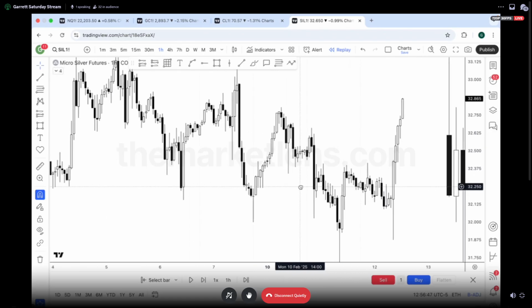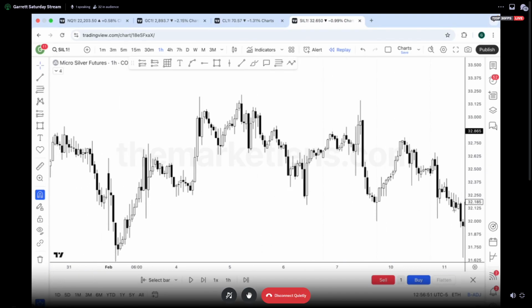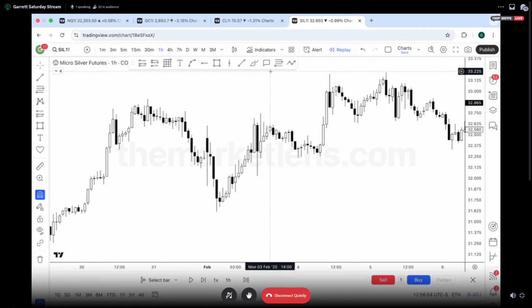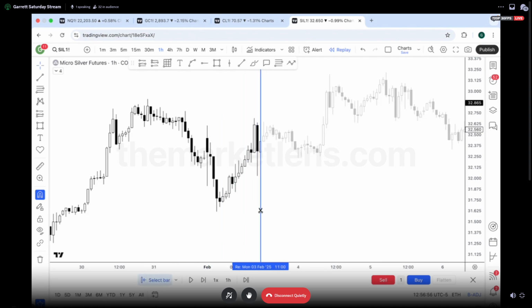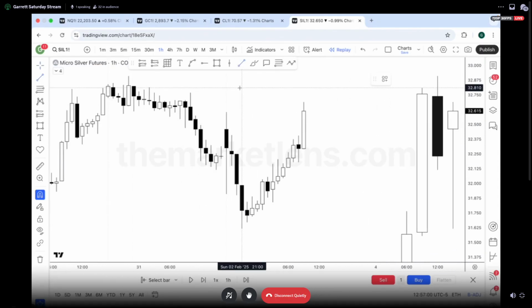Basically, oh, it's right here. So you see how the CSD is super far away? This is a trade I took like last week or something. I'm going to revert to fair value gaps to support price, basically.